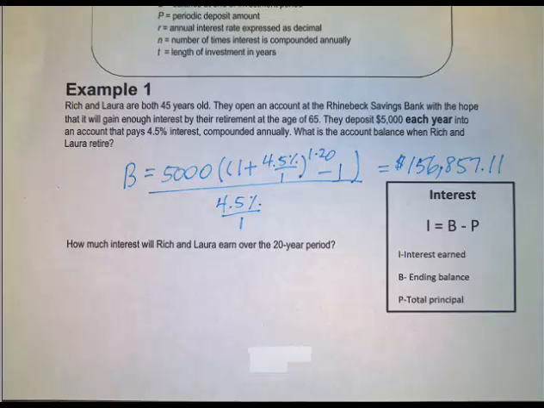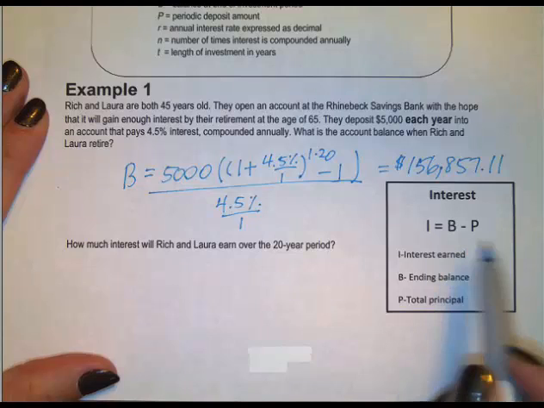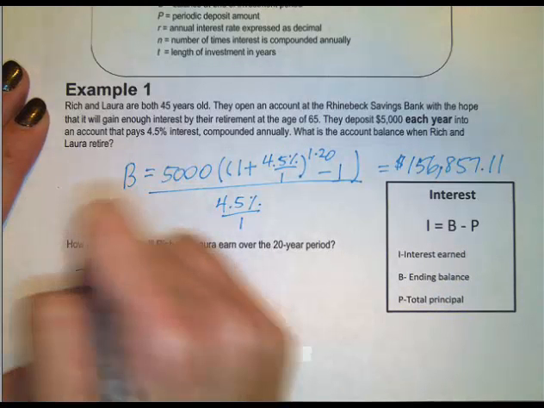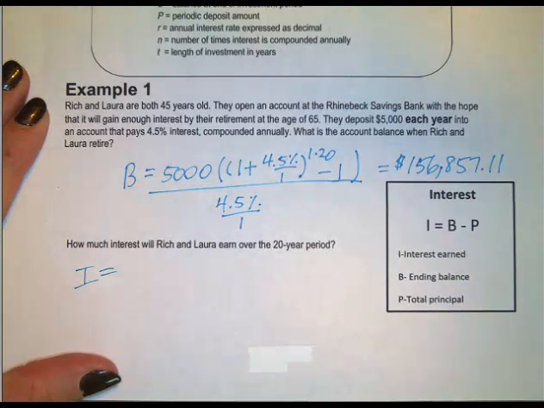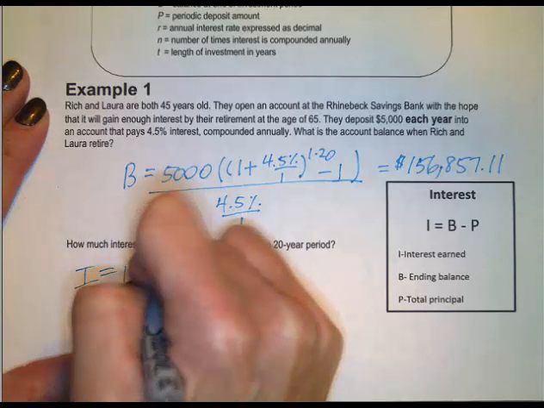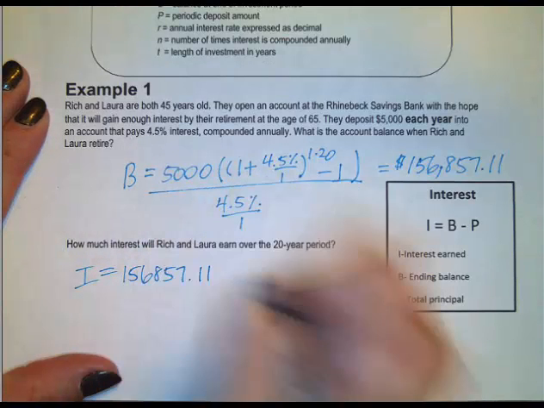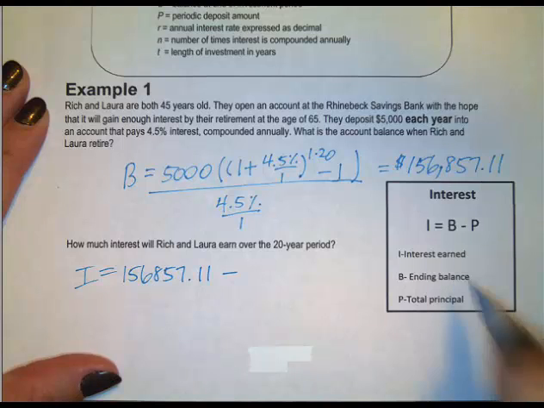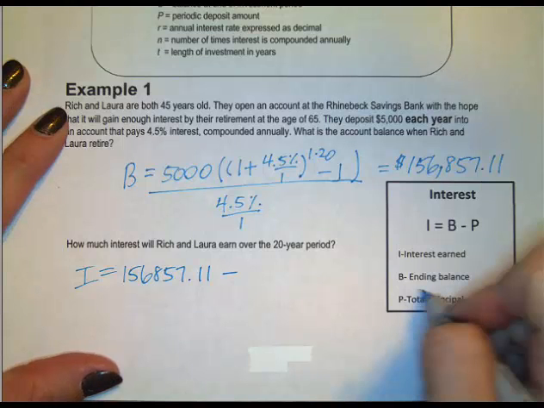How much interest will Rich and Laura earn over the 20-year period? So now what we have to do is use the formula to the right, I equals B minus P. So interest equals their ending balance, which was 156,857.11, minus their total principal. And the key there is total.